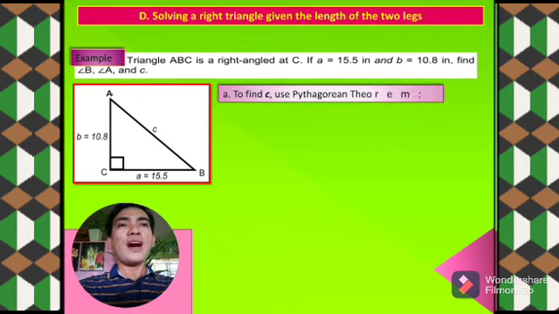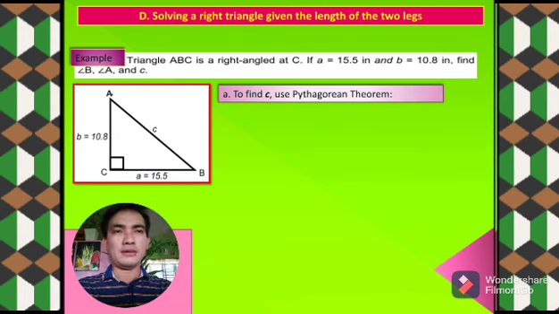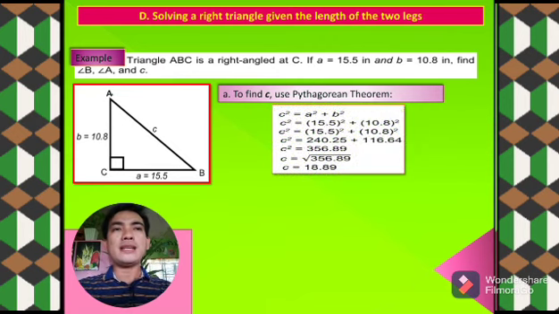To find side C, you may use the Pythagorean Theorem. It says there that C squared is equal to A squared plus B squared. In our problem here, the side A is 15.5 and side B is 10.8.